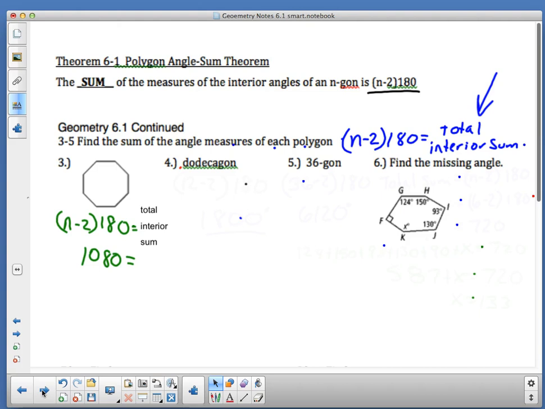Okay, a dodecagon, use the same formula, find the answer for a dodecagon. Go ahead. If you need to, look it up. It's on the previous page. And then do the 36-gon. Remember, if a figure has more than 12 sides, we can just use the number of sides with a dash and a gon right next to it.